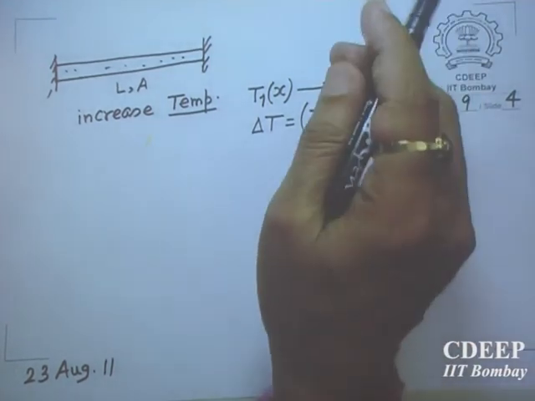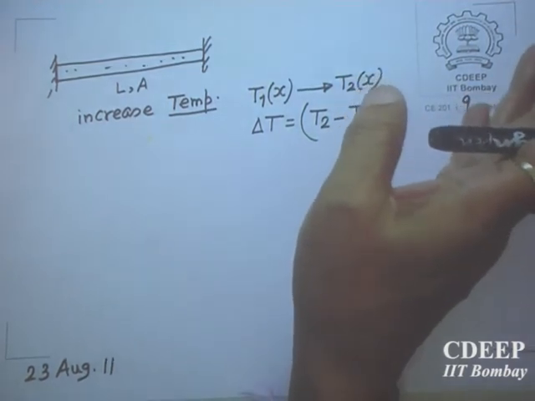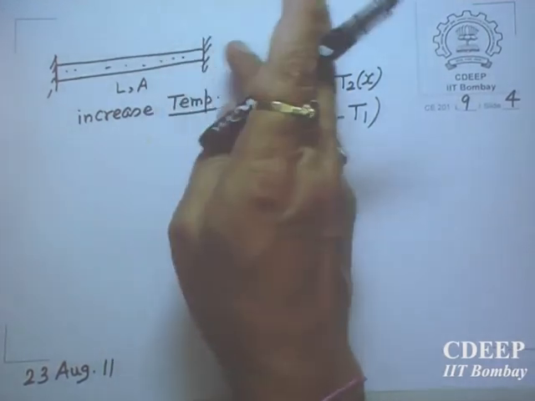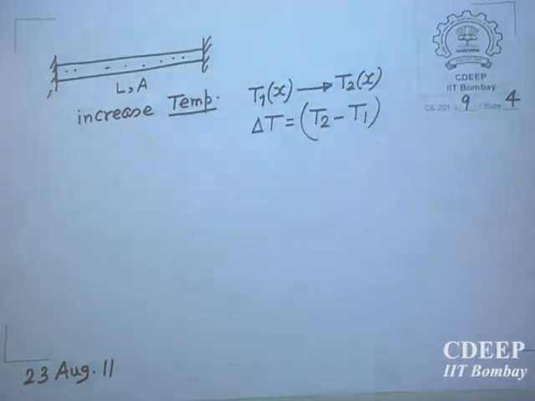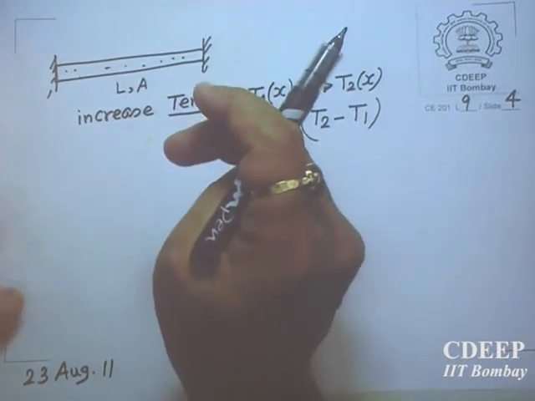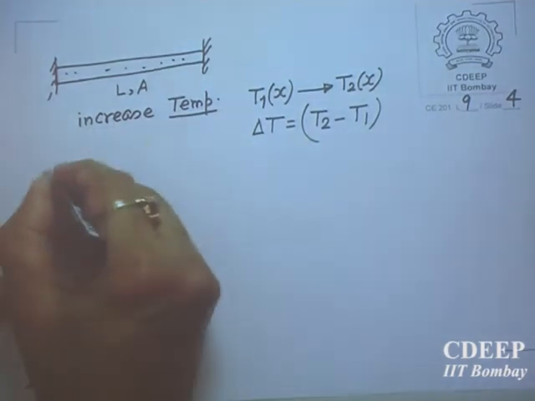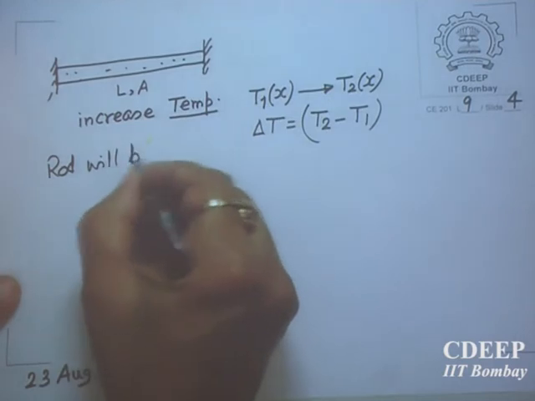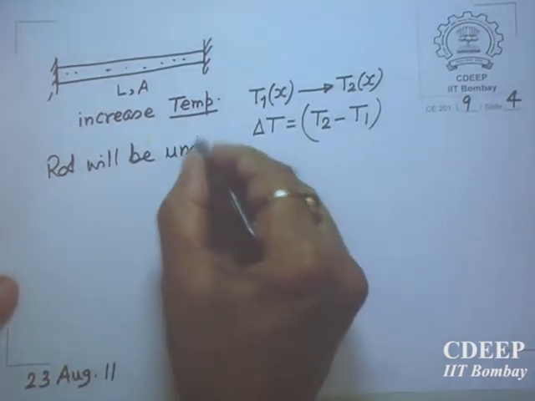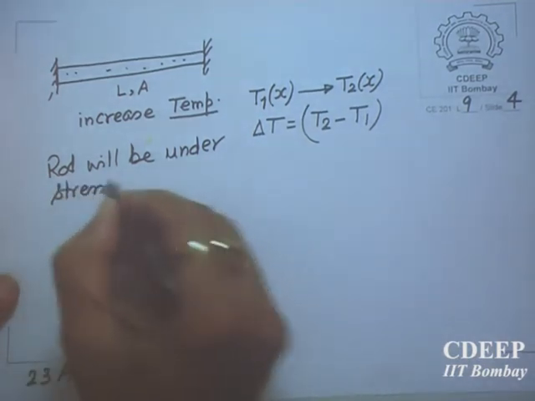Now what happens to the rod? No other force, no mechanical load, it is only temperature rise. Will you see anything physically on the rod? The rod is the same length, it has not changed, but what will happen? It will be under stress.